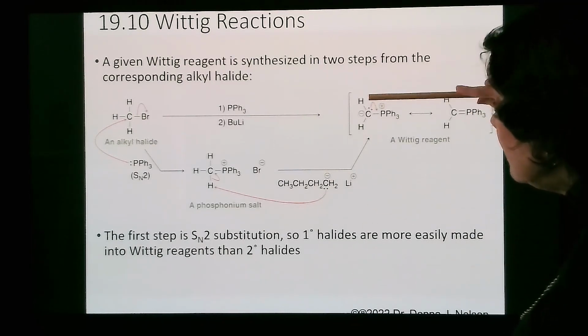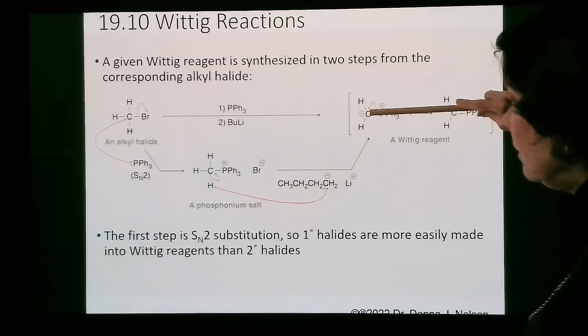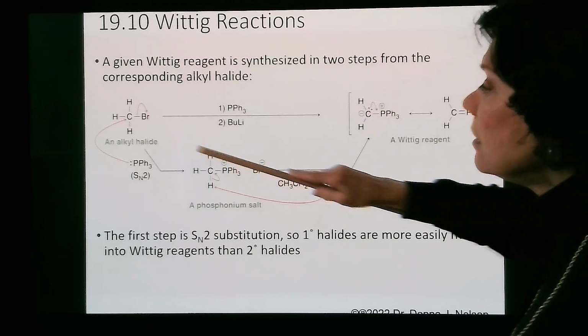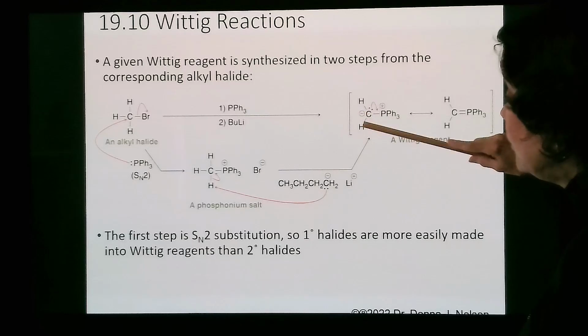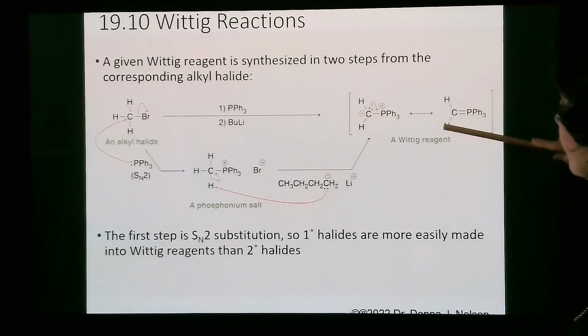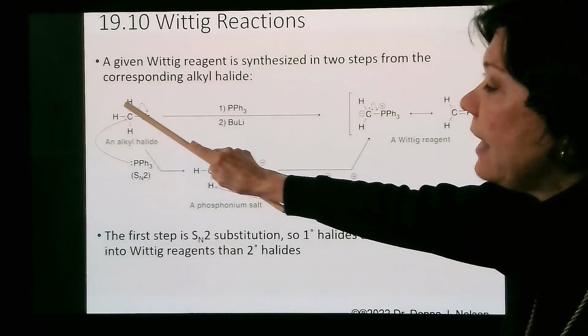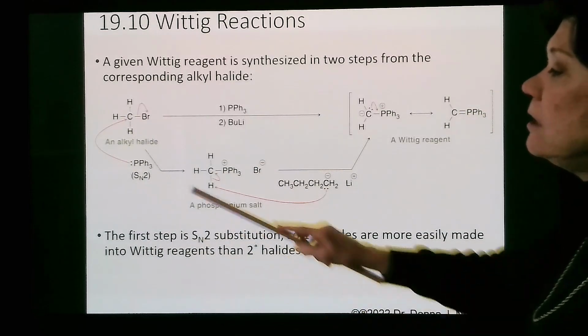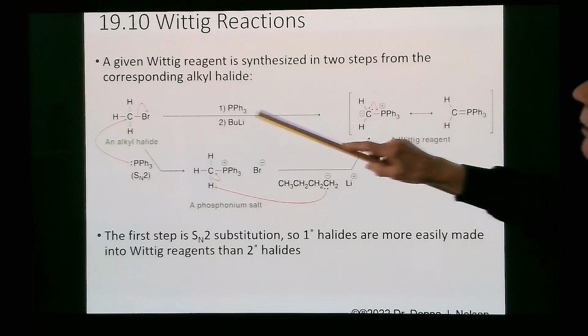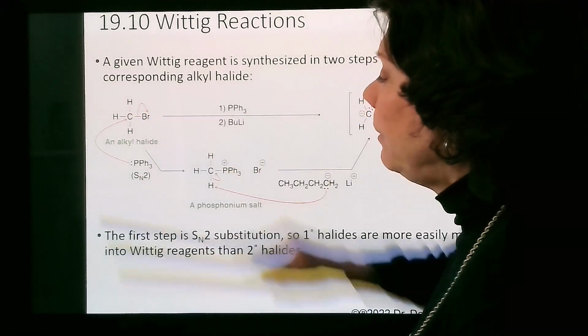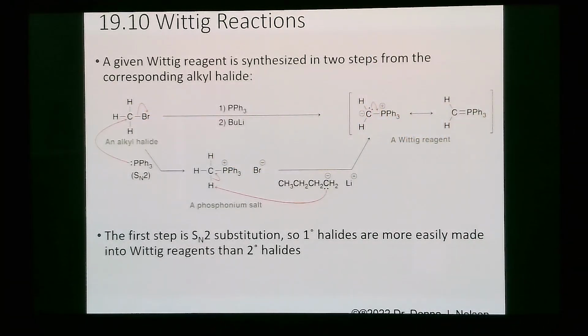So this piece, the CH2, comes from the alkyl halide. This part is coming from the alkyl halide. So you need to choose the alkyl halide that will give you the appropriate alkyl group in the Wittig reagent. If you need to have a butyl on here, you'll need to have a butyl group in your alkyl halide.